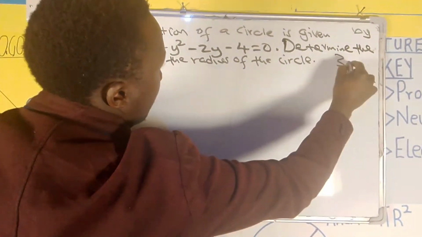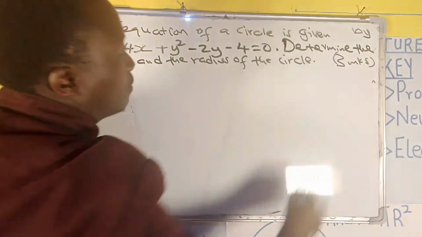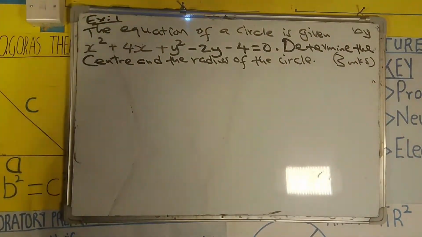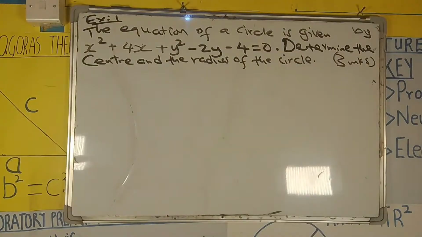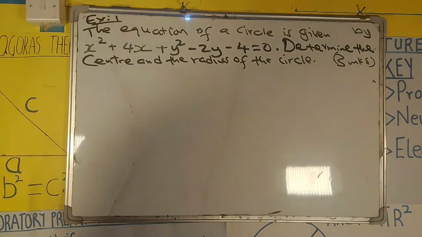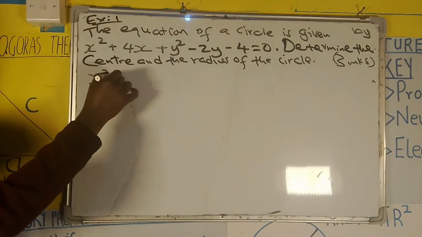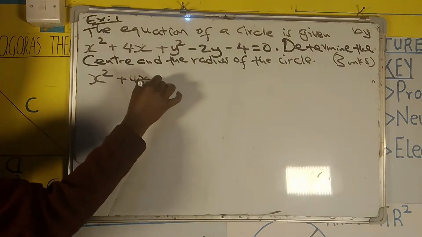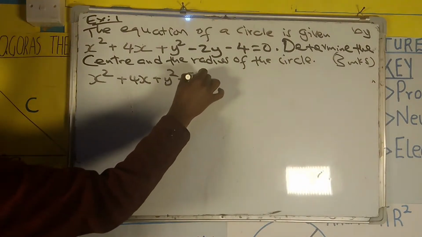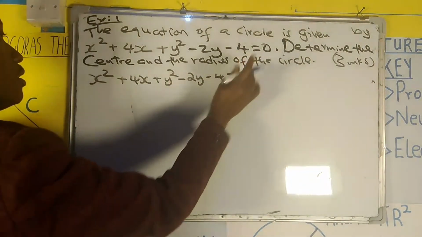Determine the center and the radius of the circle. Three marks. So x squared plus 4x plus y squared minus 2y minus 4 is equal to 0.